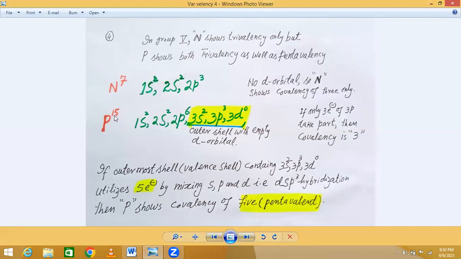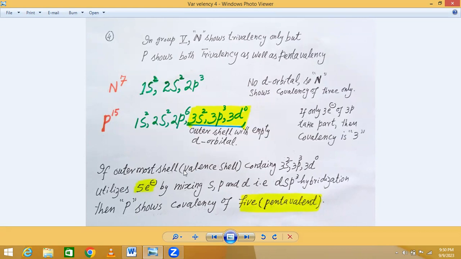the atomic number is 15. And we can write the electronic configuration as 1s2, 2s2, 2p6, 3s2, 3p3, 3d0. So this is the outer shell with empty d orbitals. If only the 3 electrons of 3p take part, then the covalency is 3.